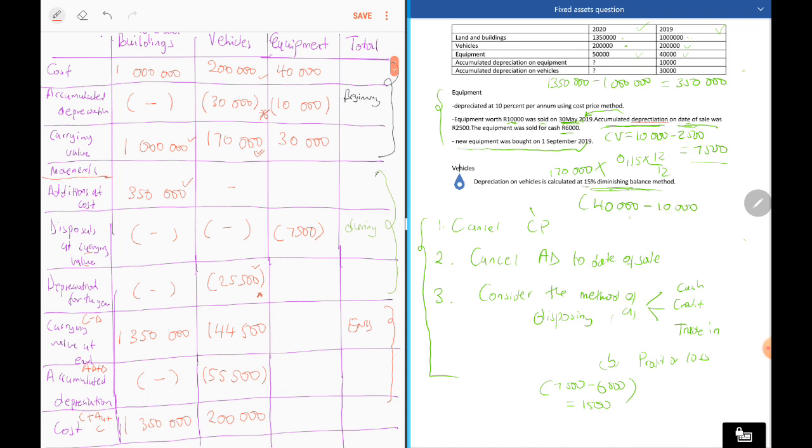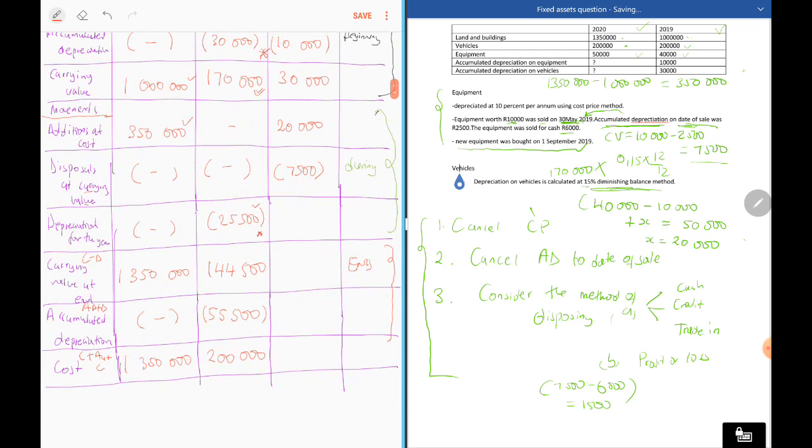We also bought equipment worth X, resulting in the cost price of our equipment being 50,000. And when you solve for X, it will give you 20,000. That's the addition, right? Fine. I hope that was clear, guys. You just have to solve, right?